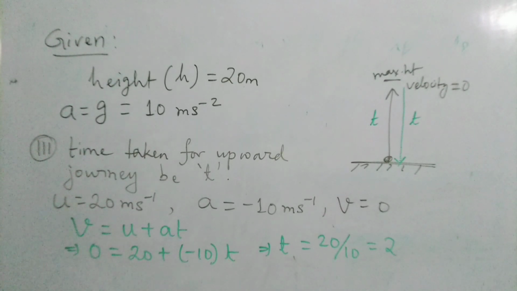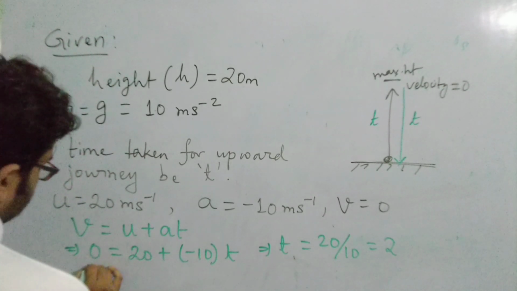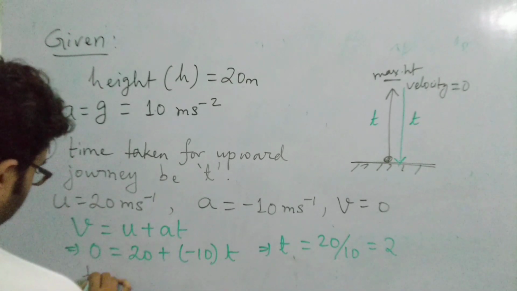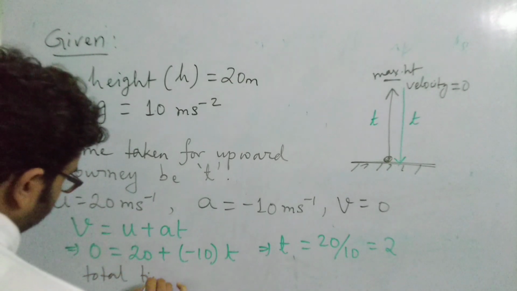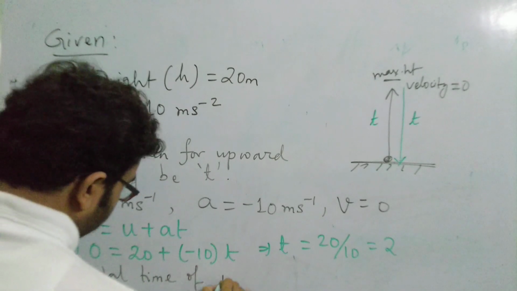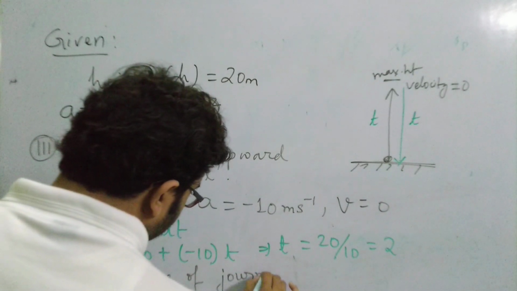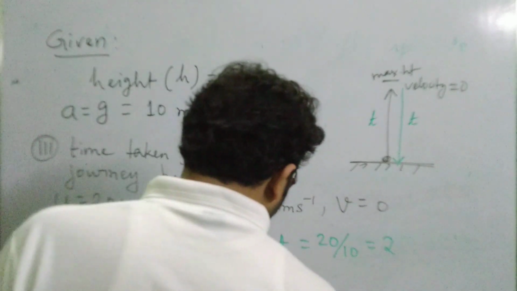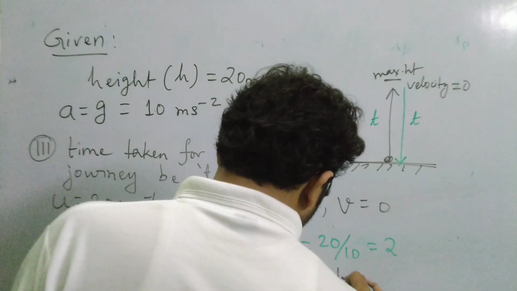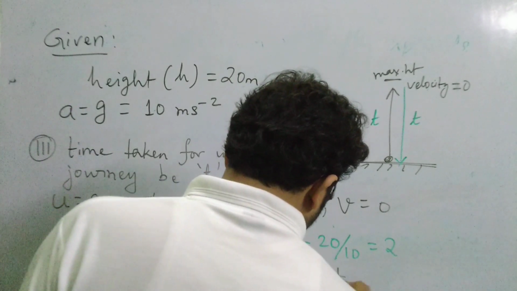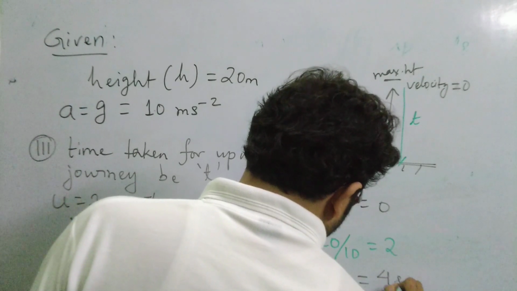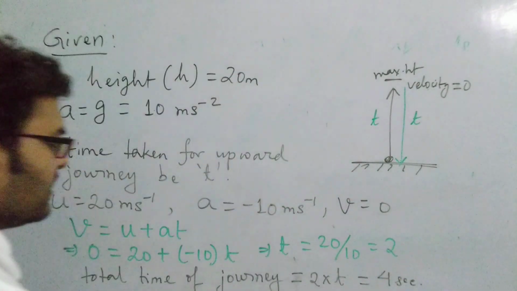So the total time of journey will be 2 multiplied by t, double of the time taken to go up. So it will be 2 into 2, it's 4 seconds. Okay, so this is your answer.